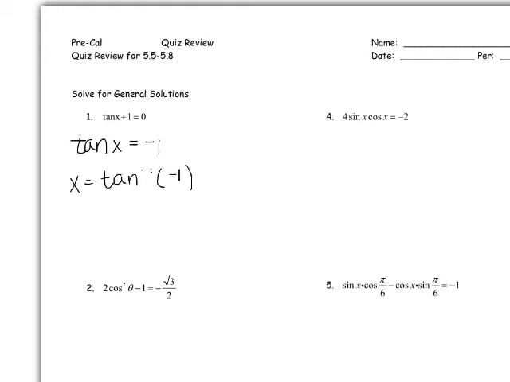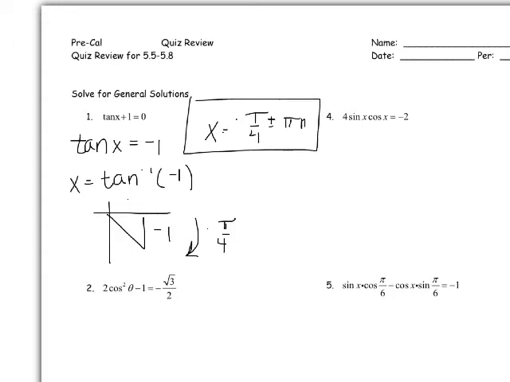And so from here, I can go ahead and solve. And I get pi over 4, negative pi over 4. At this point, I'll probably remind myself tangent only has that single answer, and so that's it. Negative pi over 4 plus or minus pi n. So that's a good one to get us started on. Number 2.